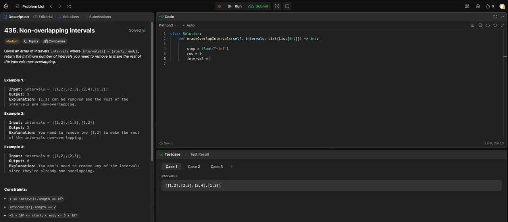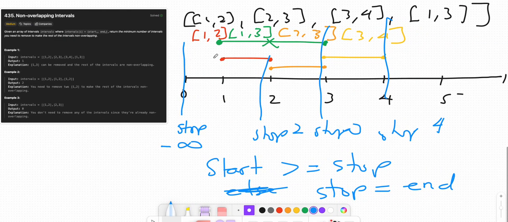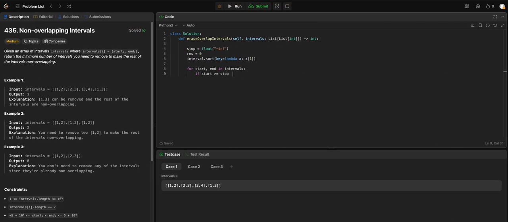So intervals dot sort, key equals lambda x, x of the second value, right? Now let's do the implementation for start, end in intervals. If start is greater or equal to stop, the stop now becomes the end.